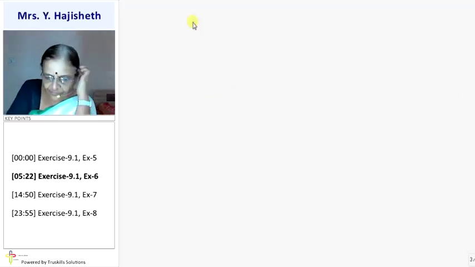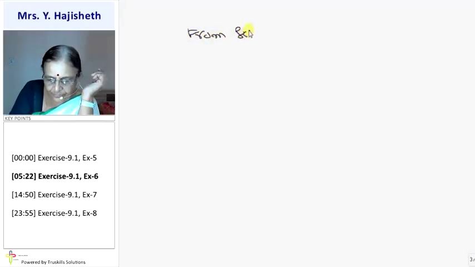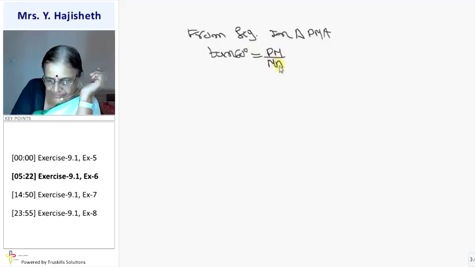Now see. Now from the figure, what am I going to write in triangle PMA dash? I will take tan 60, the small triangle, is PM upon MA dash, and that is nothing but 28.5 upon y.